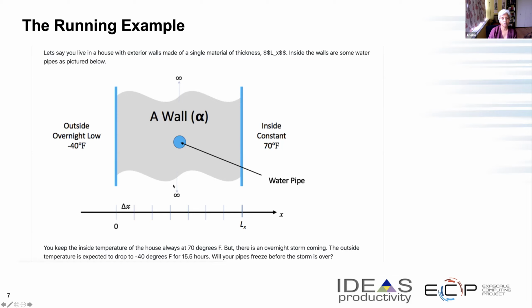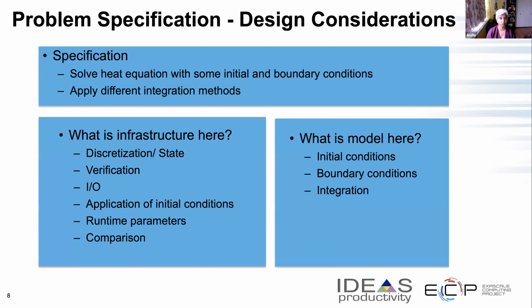And you want to be able to determine whether, if you maintain this kind of temperature, your pipes will freeze over before the storm is over. These are modeled with the heat equation, for which a solution exists in the repository that you can see. But I want to walk you through the steps of how that solution would have been obtained.